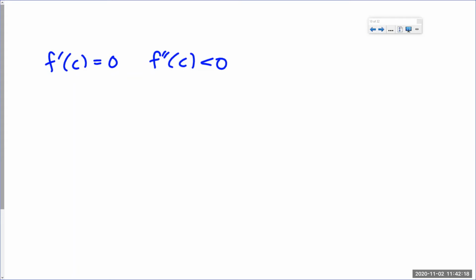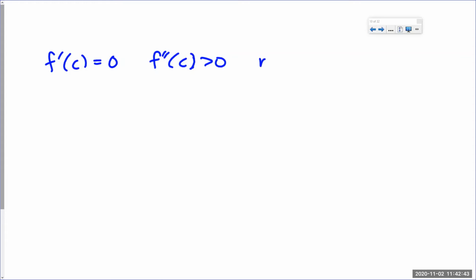When the second derivative is less than 0, that means I have a relative... Oh, I actually don't know what your paper says. Your paper says greater than 0. Sorry, let's start out with greater than 0. Greater than 0 means concave up. You guys good with this? We're on the back of your notes. Concave up means, guys, is that a relative min or a relative max? Relative min.